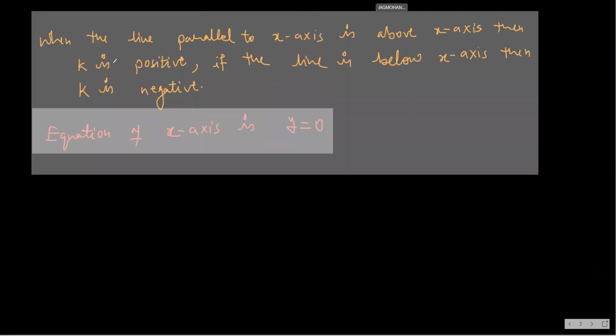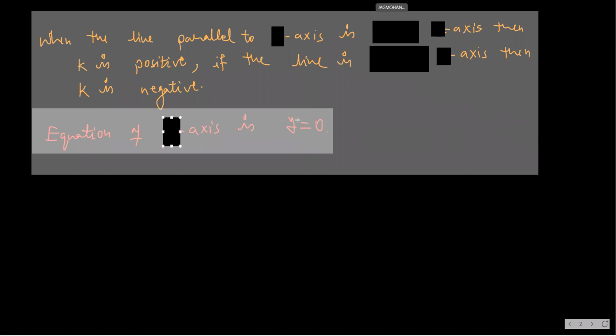So you will also write when the line parallel to y-axis is on the right of y-axis, then k is positive. If the line is on the left of y-axis, then k is negative. Equation of y-axis is x equals to 0.